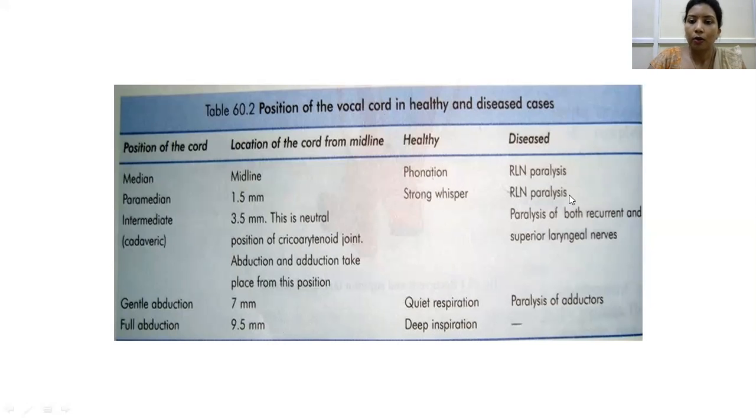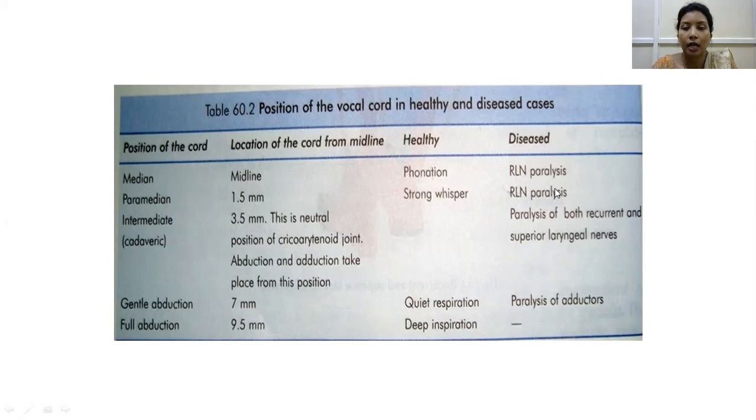When you talk about a diseased larynx, about recurrent laryngeal nerve paralysis, we have discussed that the recurrent laryngeal nerve supplies all the muscles except your cricothyroid muscle. So the cricothyroid muscle is still present.